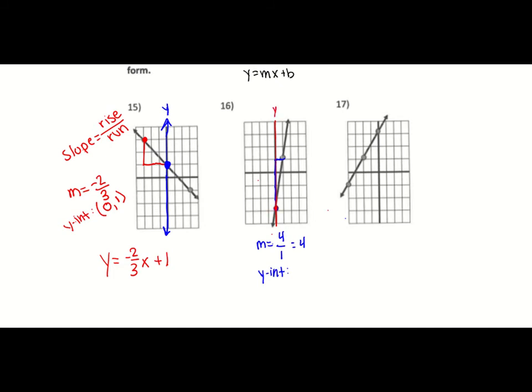And I see my point right here. So if I count my y value at that point, I'm going down 1, 2, 3. 0, negative 3. And now I can write my line. I have y equals m, which is 4, x plus b, which is negative 3.